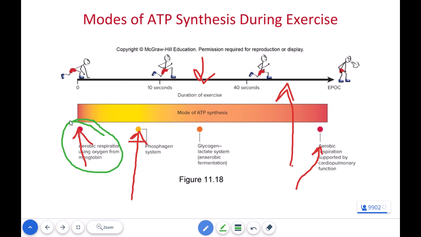After we're done with that energy use, we'll go to the next source of energy, or the next easiest way to power the muscle cell, which is going to be the phosphagen system. That can be analogous to making a withdrawal from your checking account or using your debit card. It's a little bit more of a pain, but it's still not a huge deal. And then, after that, we're going to switch over to anaerobic respiration.